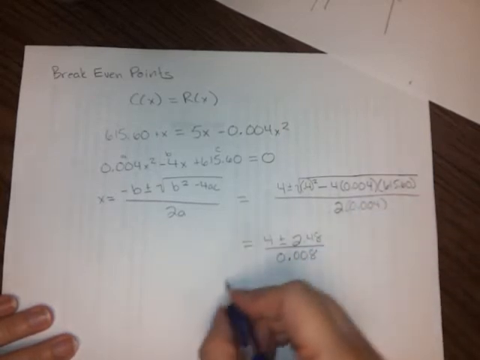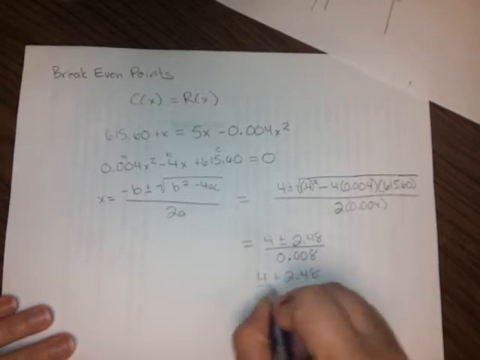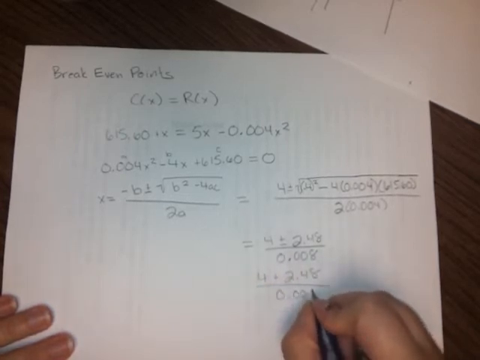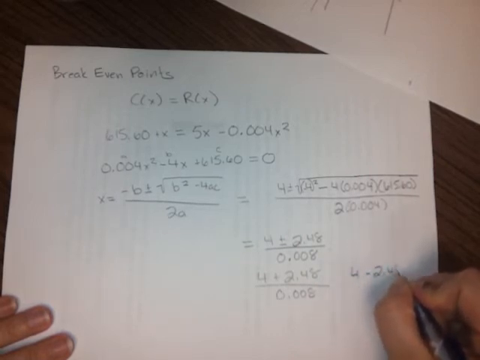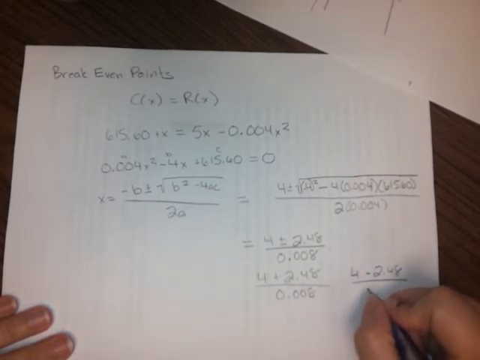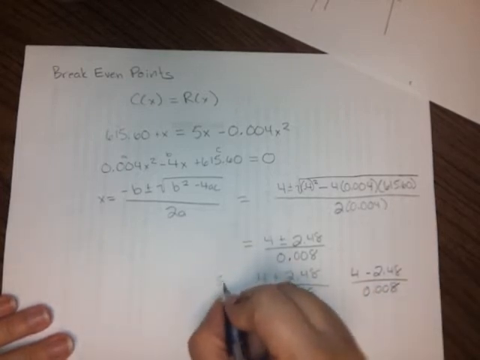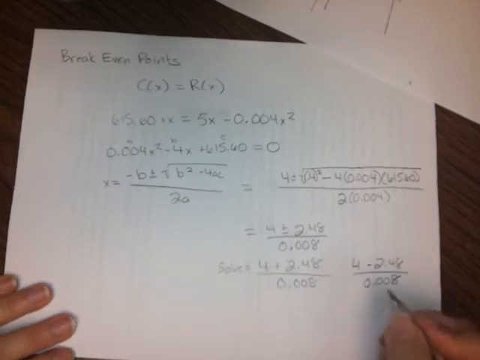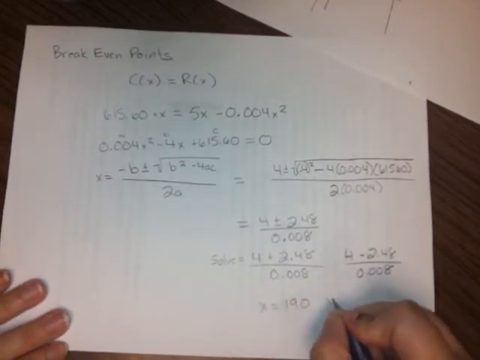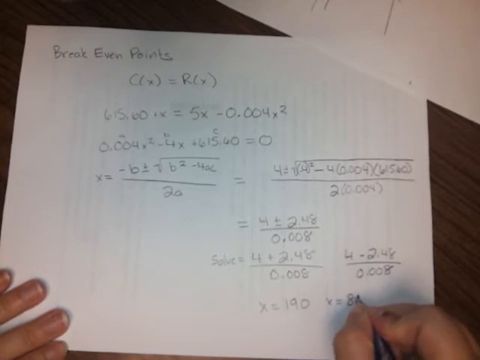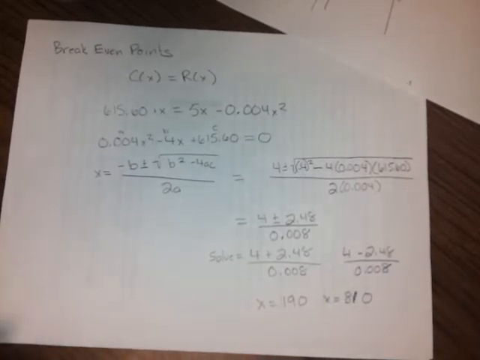So the two things that you have to look at is 4 plus 2.48 over 0.008 and 4 minus 2.48 over 0.008. So we have to solve those. And that's going to give us x equals 190 or x equals 810 if you plug all of that into everything.